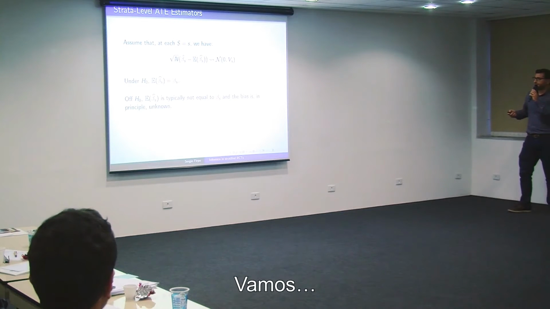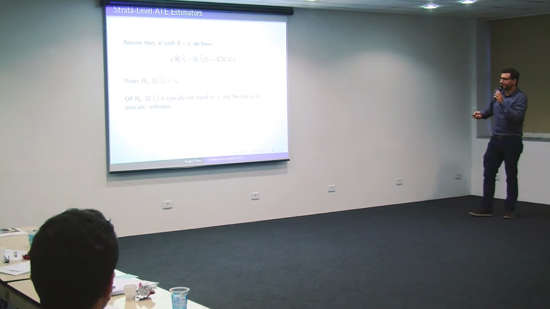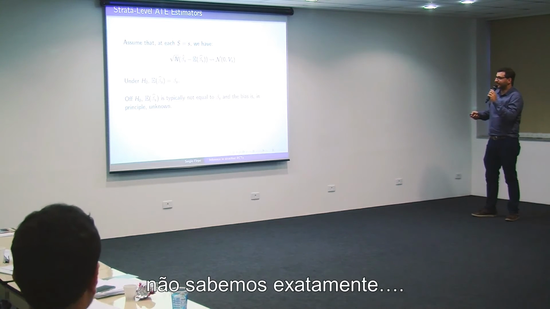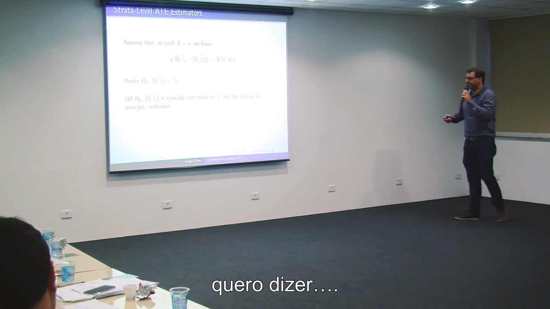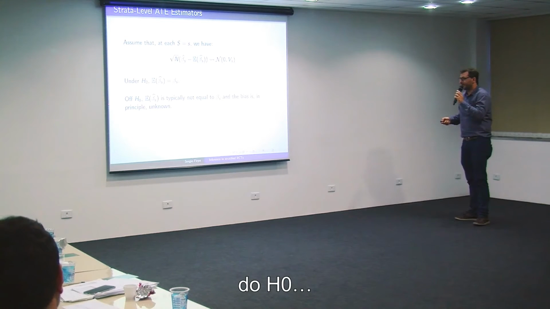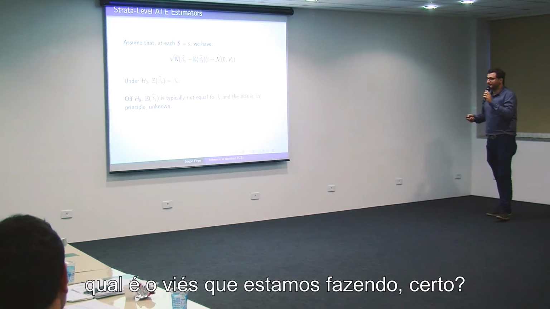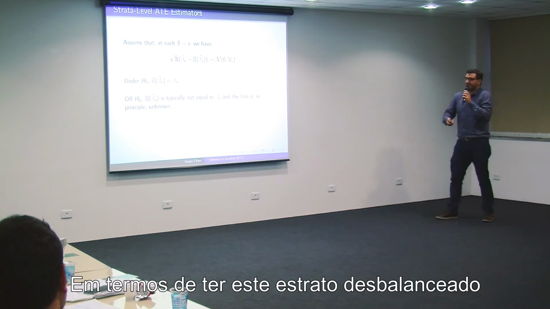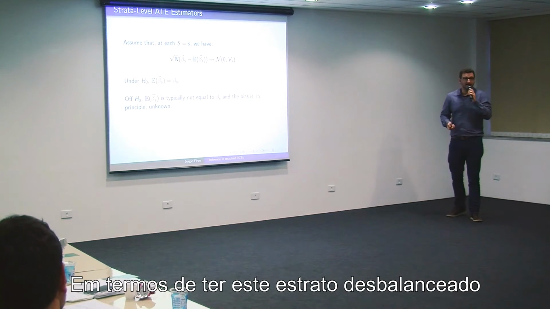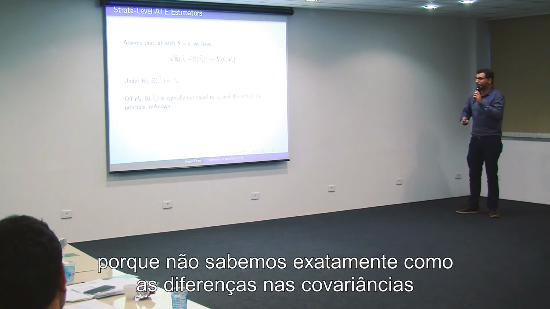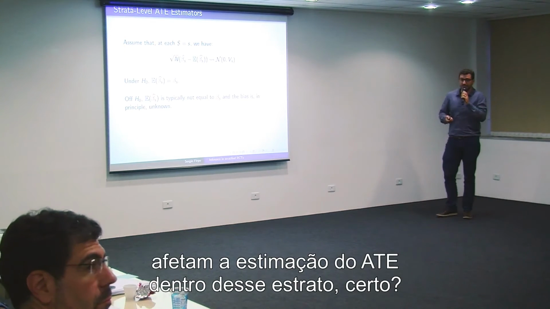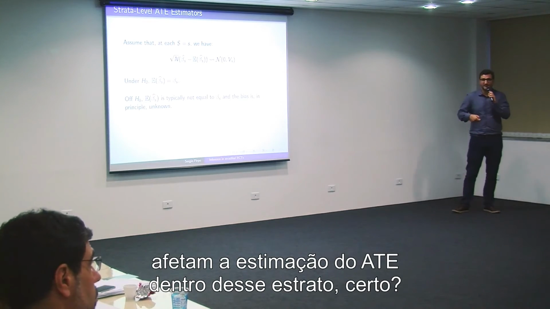Anyway, the problem is that under H naught we don't know exactly what bias we're making in terms of having this unbalanced stratum, because we don't know exactly how differences in the covariates affect your estimation of AT within that stratum.